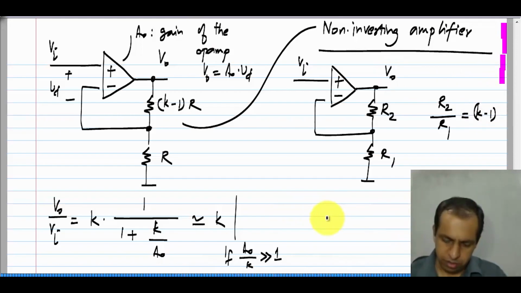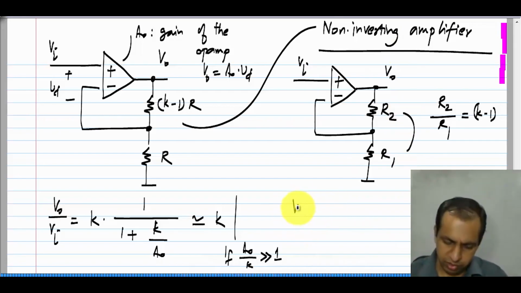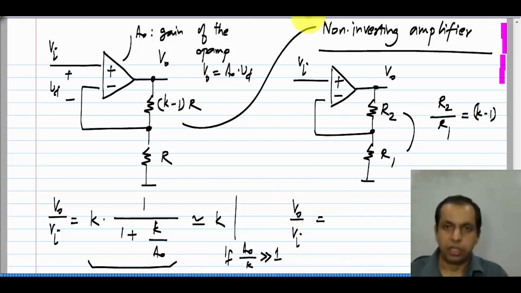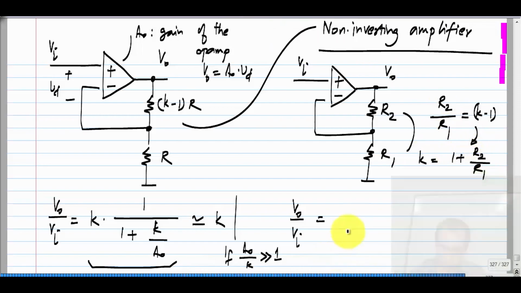Okay. So, the gain of this non-inverting amplifier, when I denote the two resistors as R2 and R1, is V naught by V I. The same formula holds. The only thing is I have to express K in terms of R2 and R1. Okay. So, clearly from this we see that K is 1 plus R2 by R1.